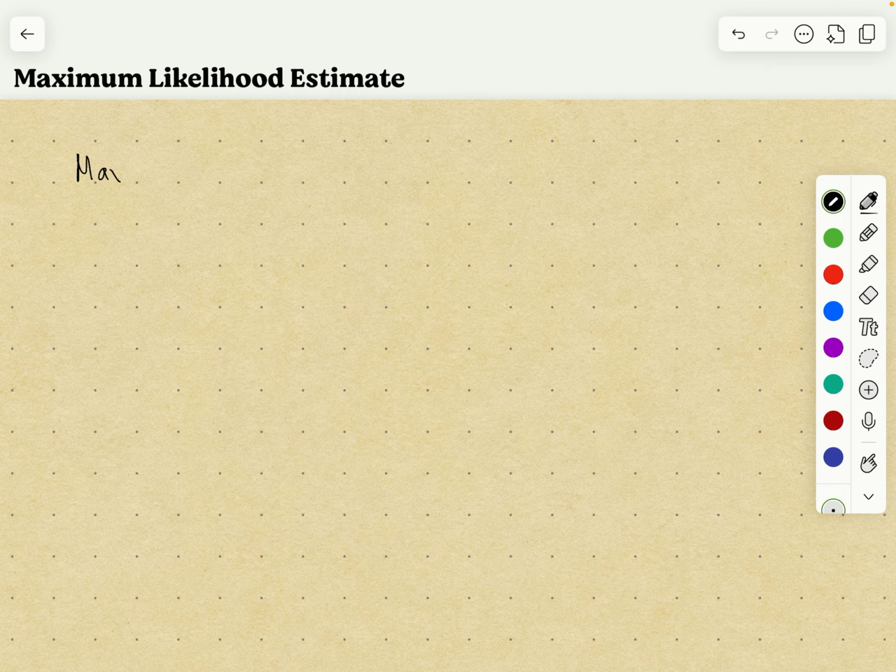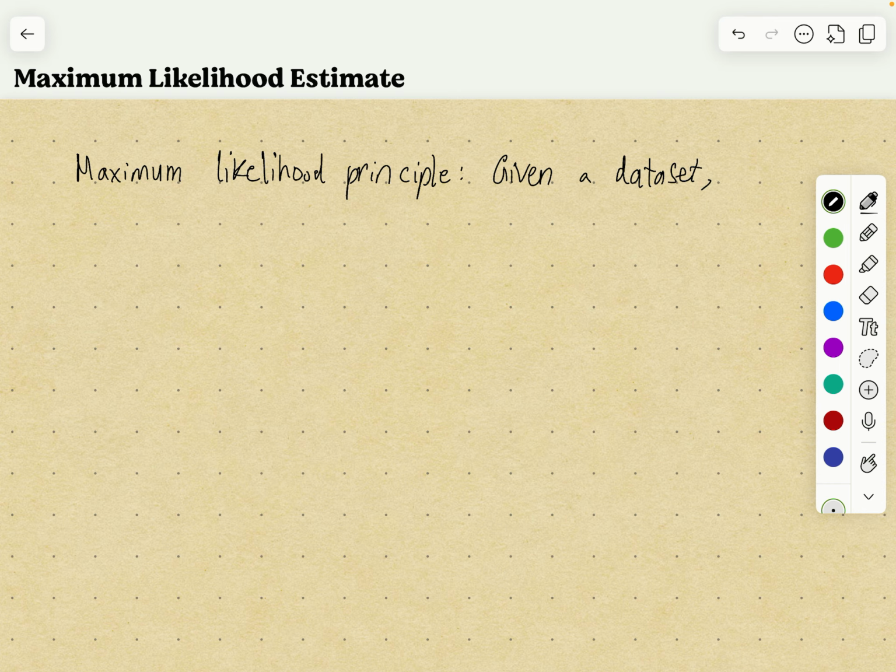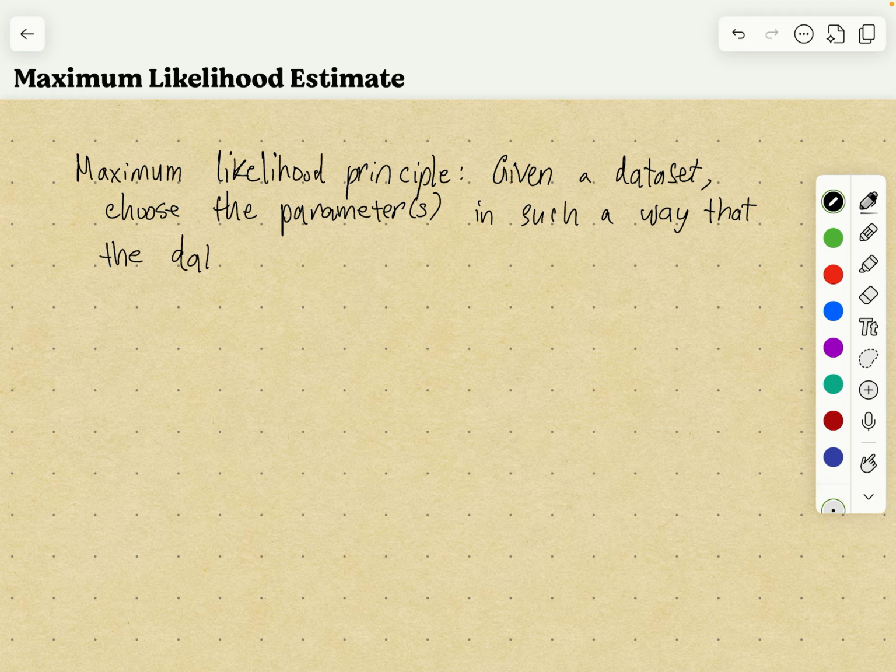So the maximum likelihood principle says that given a data set, you want to choose the parameter or parameters in such a way that the data are most likely.